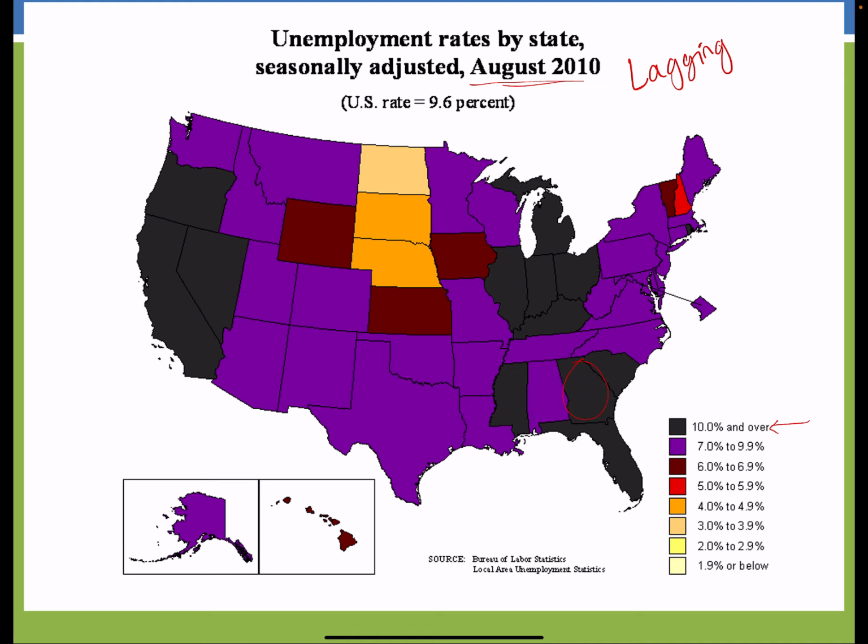Okay, we had a lot more that were in the 7 to almost 10% range, right? All these purple states all through up here. Okay, and we had very, very few states that were any lower than that. I mean, we have no one in these two categories. So we have one state that's in the 3% range and 2 states that were in the 4% range.